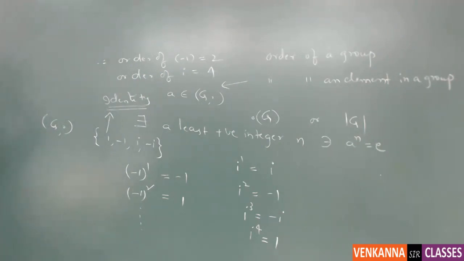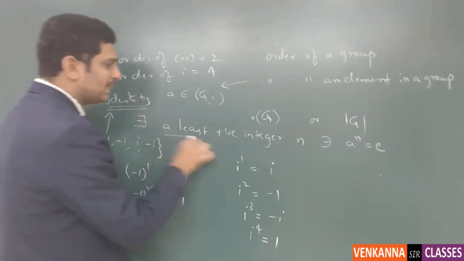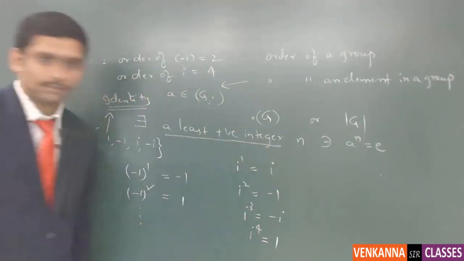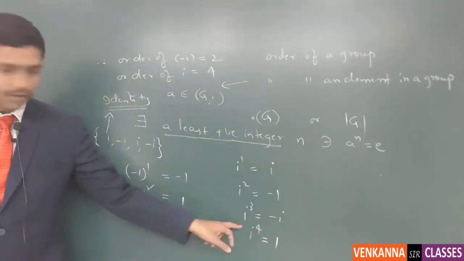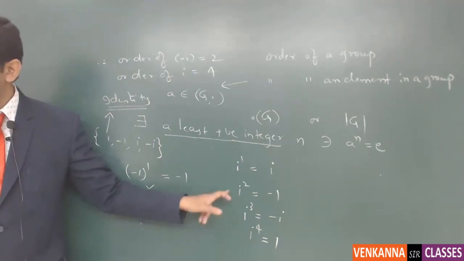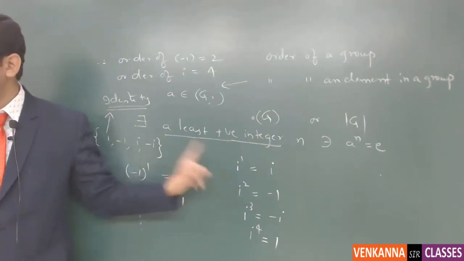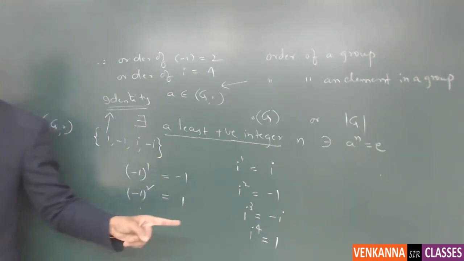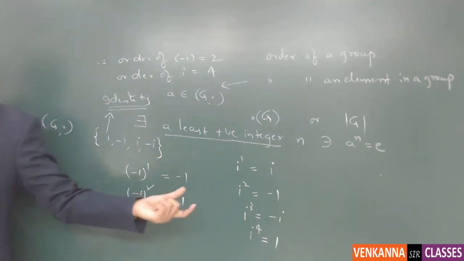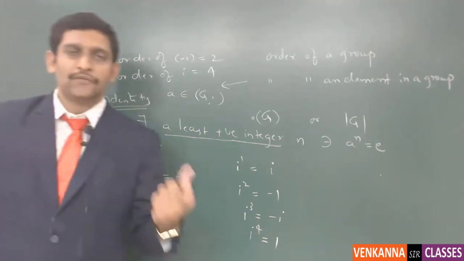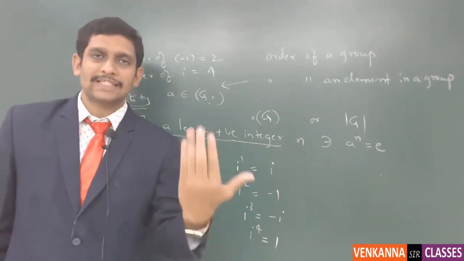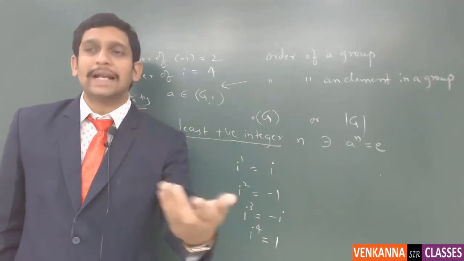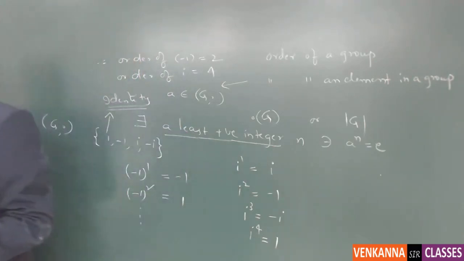Here one interesting thing is that it is the least positive integer. Before 4, if you consider any power, you are not getting the identity. Did you get the point here? The power is the least one, so if you take any power less than that number, you cannot get the identity value. That is the concept of the order of an element.